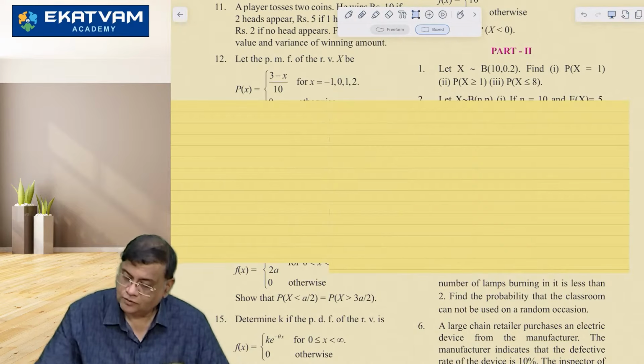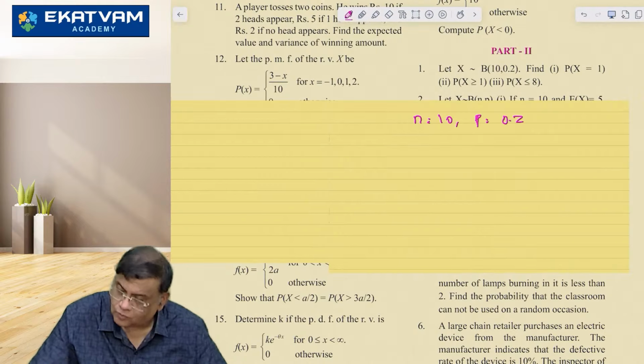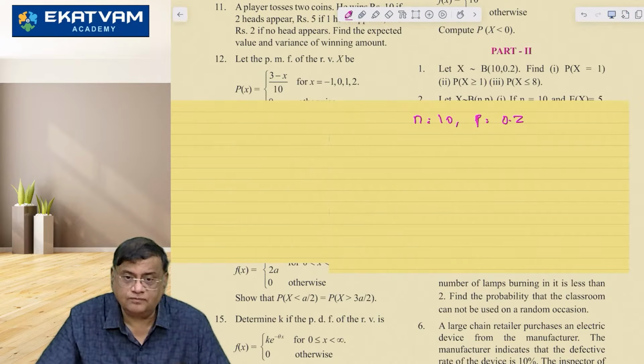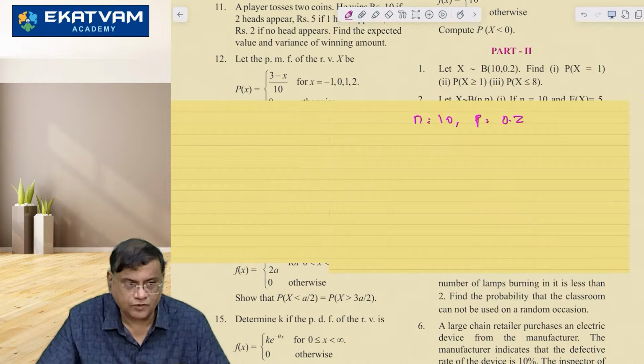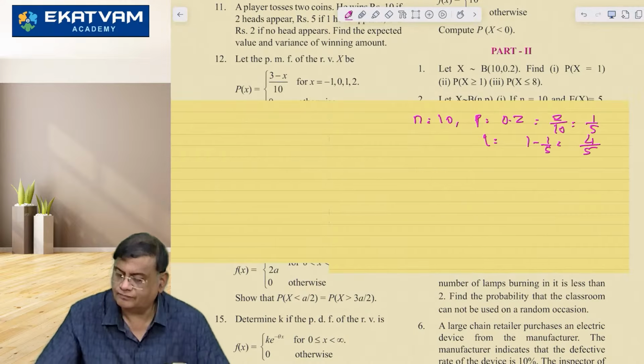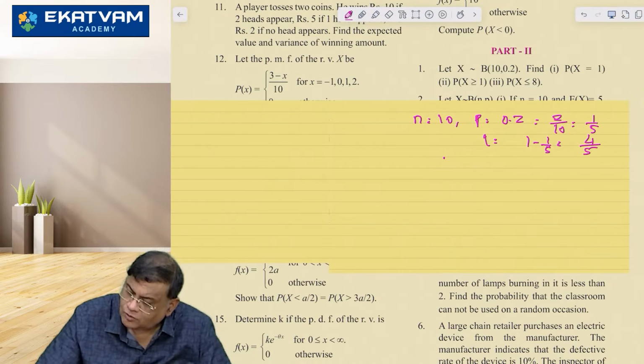Look, so what is given? Given is n is 10 and p is 0.2. बट हमारा कहना यह है कि पॉइंट में मत करो अभी ये सम्स 12th स्टैंडर्ड में, क्योंकि कैलकुलेटर नहीं है तुम्हारे पास. तो 0.2 का मतलब 2/10 मतलब 1/5. सो q is 1 minus 1/5 which is 4/5. समझा? अभी पहले पीएमएफ लिखो.